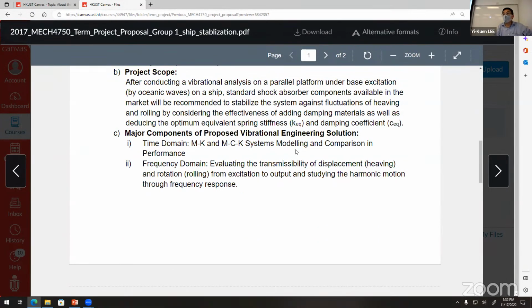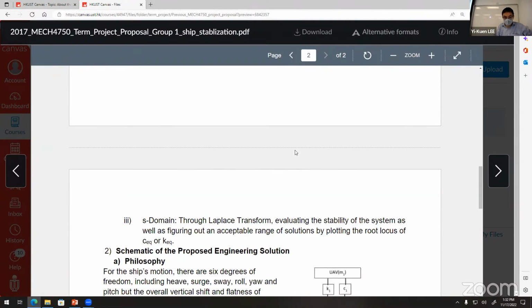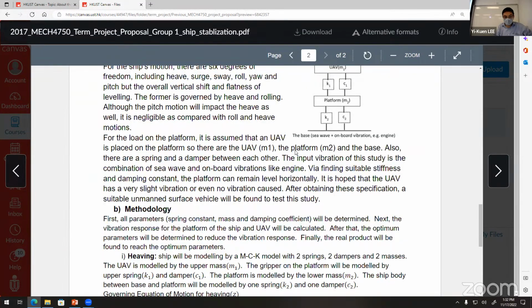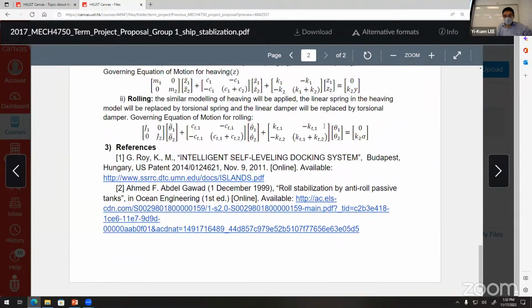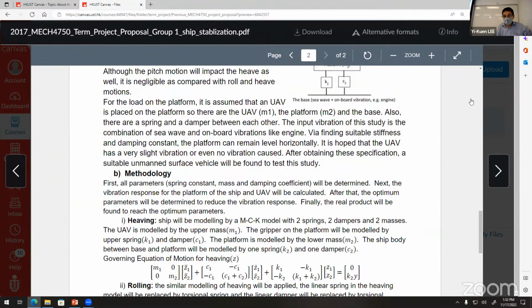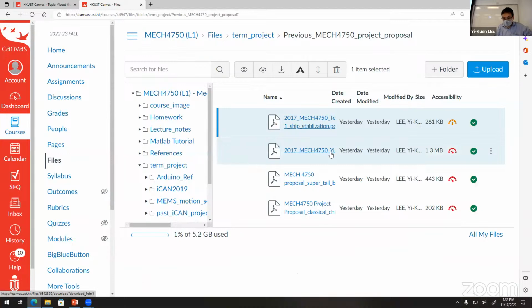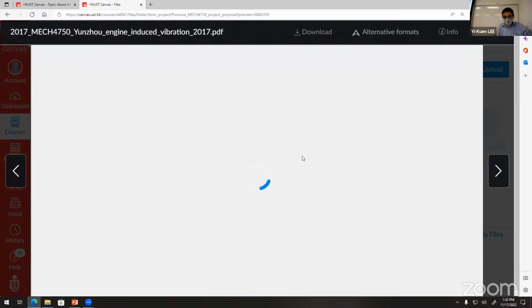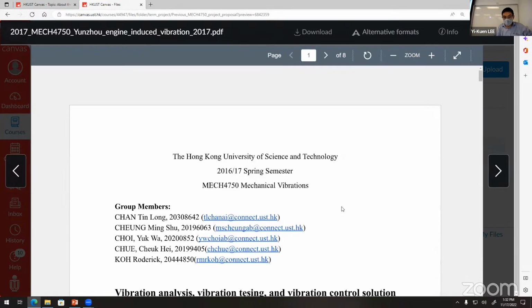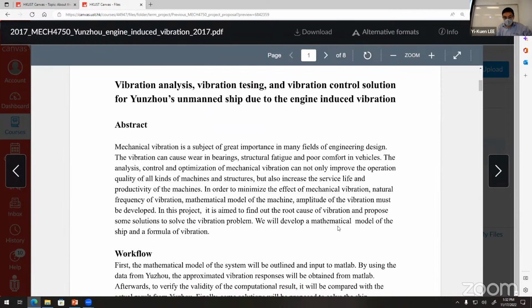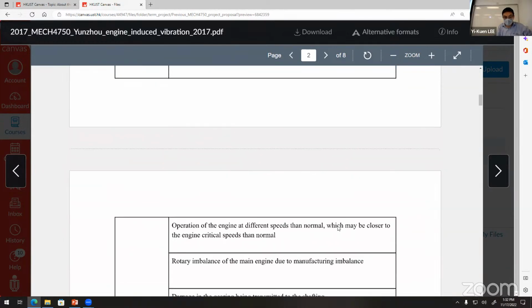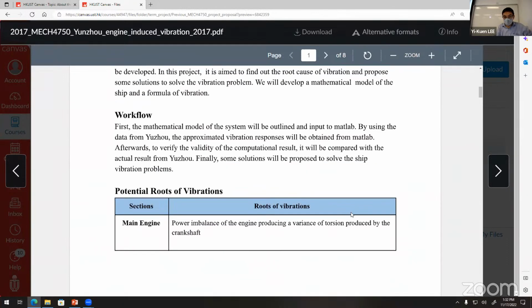We talked about the 1 degree of freedom MCK model and the 2 degree of freedom model, and how we can analyze a specific vibration problem. If the vibration is too big, can you think about how to work on vibration engineering to solve the real problem? This is a typical thing I would like all of you to have some idea about.